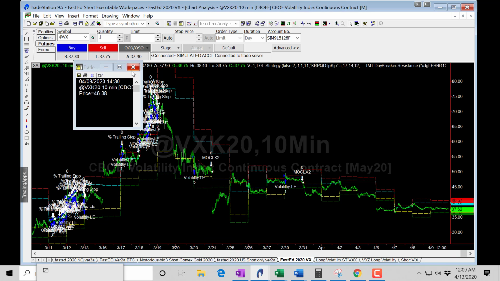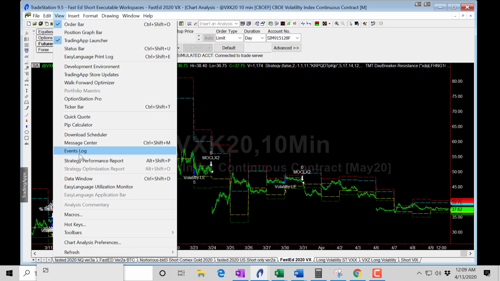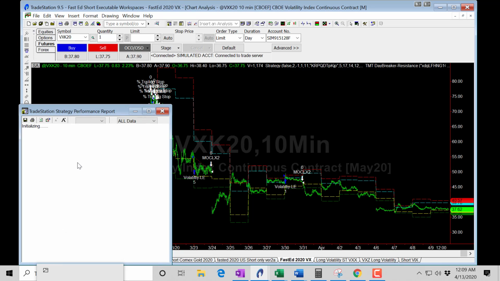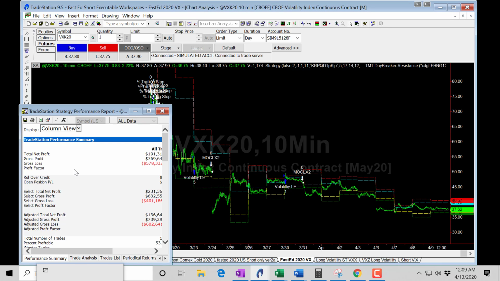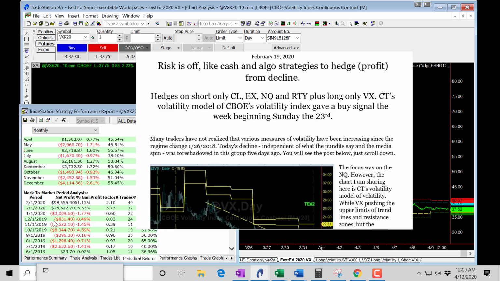So now we're status on an algo which only trades scalps, actually, the VX. Okay, and you can see on the May contract that we're engaged. It only goes long, and this year we didn't start trading it until February 23rd.